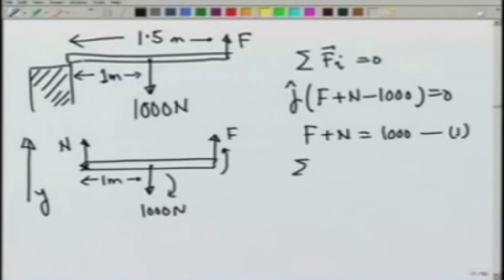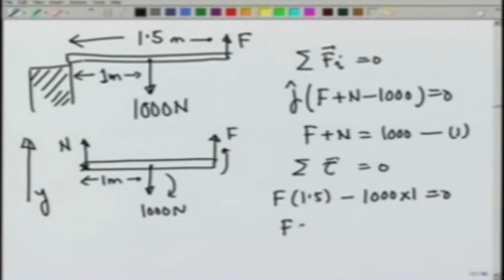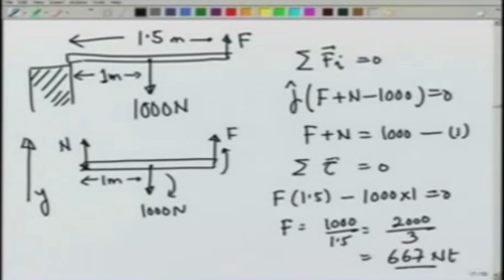So, if I write summation tau is equal to 0, since all the torques are in the same direction, up or down, I can straight away write this as F times 1.5 minus 1000 times 1 should be equal to 0, or the force is 1000 over 1.5, which is 2000 over 3, or 667 newtons approximately.